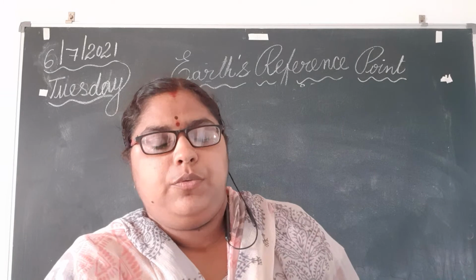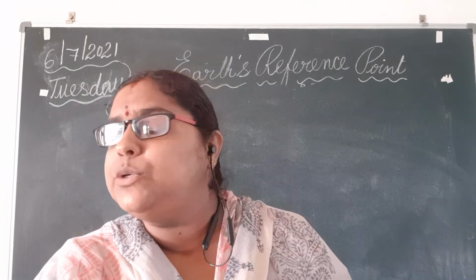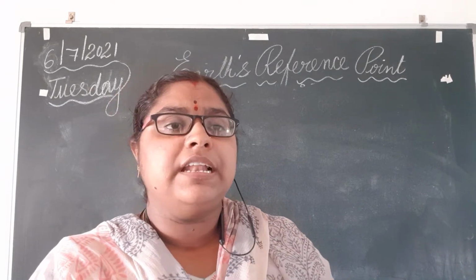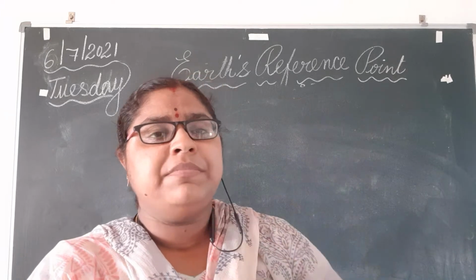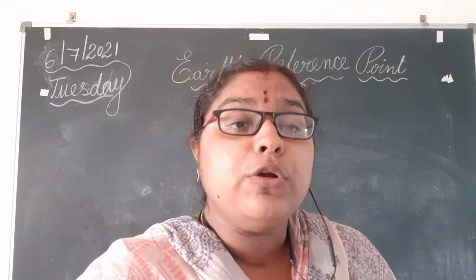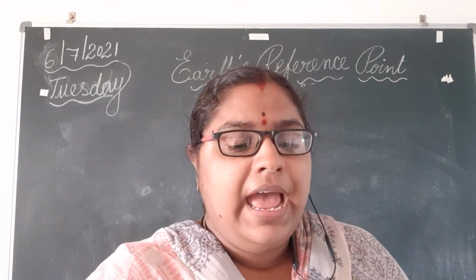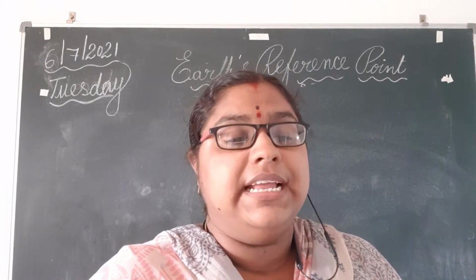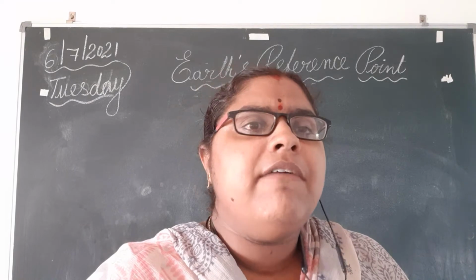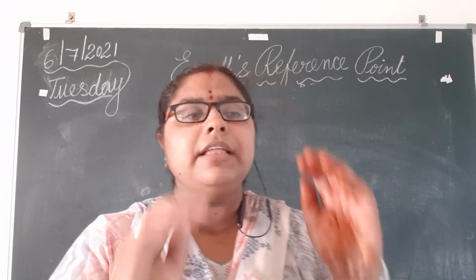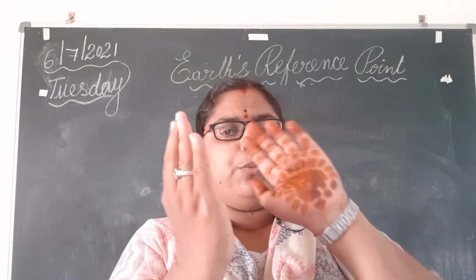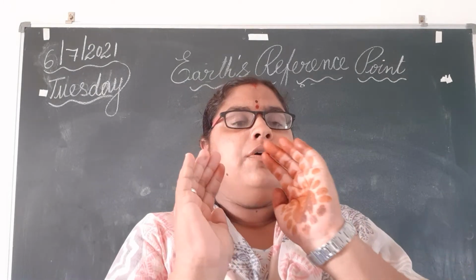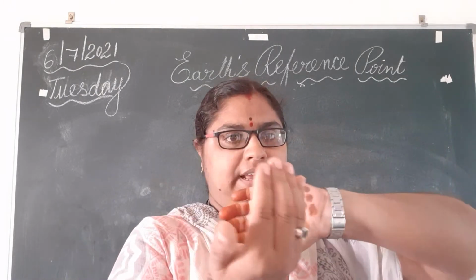We are experiencing noon time, and how can others experience different times? Earth rotates from east to west. Hence, the sun appears to rise in the east and set in the west.